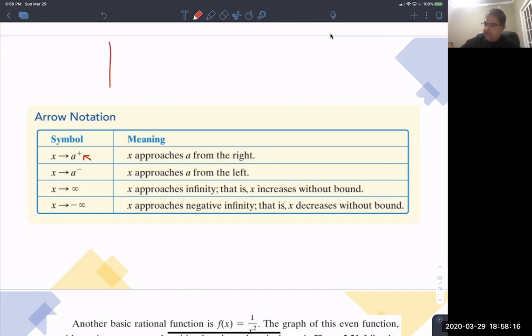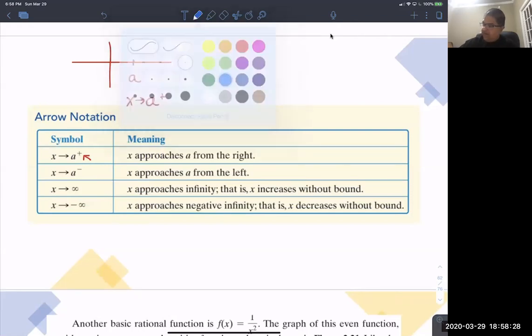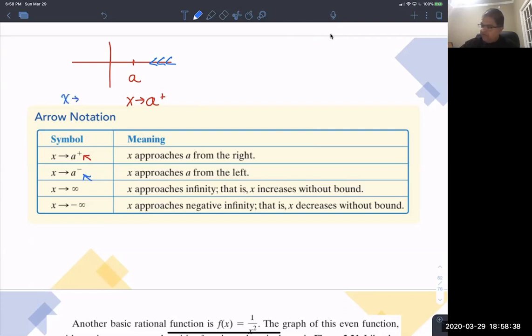So if you take a coordinate plane, if this is a, x approaching a, the a plus means that we're coming from the right. Likewise, the minus means coming from the left. We're approaching that same number, but instead of coming from the right, we're coming from the left.